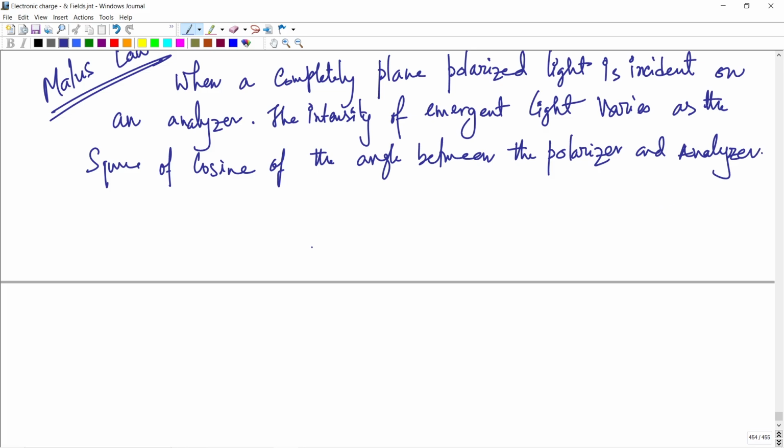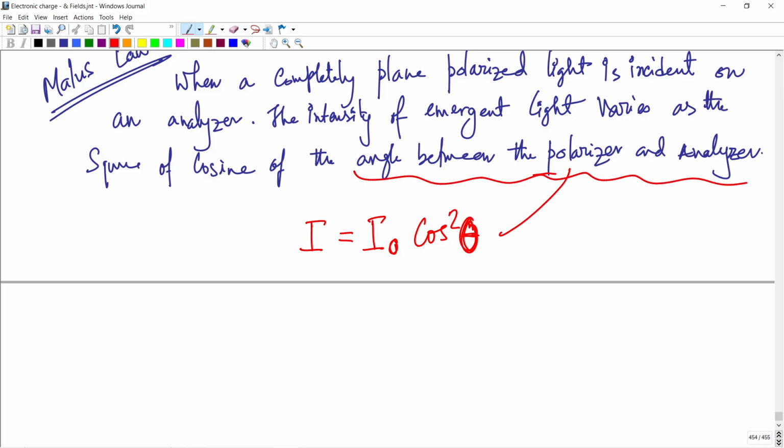So the formula is I equals I naught cos squared theta, where theta is the angle between the polarizer and analyzer. Clear? That's Malus law.